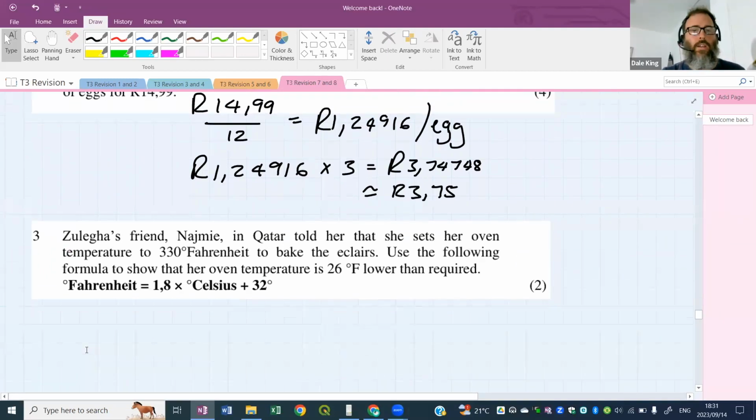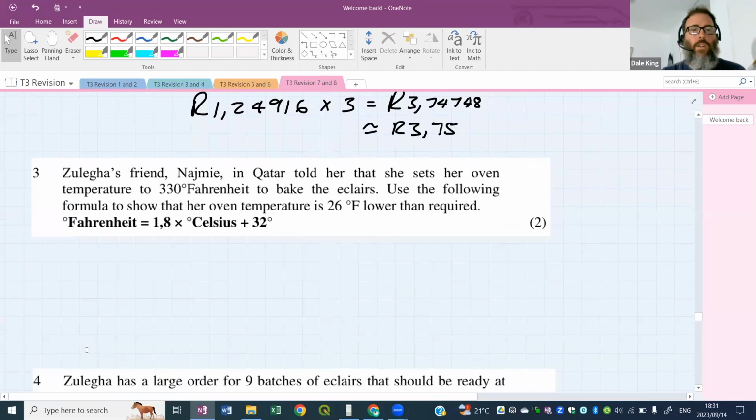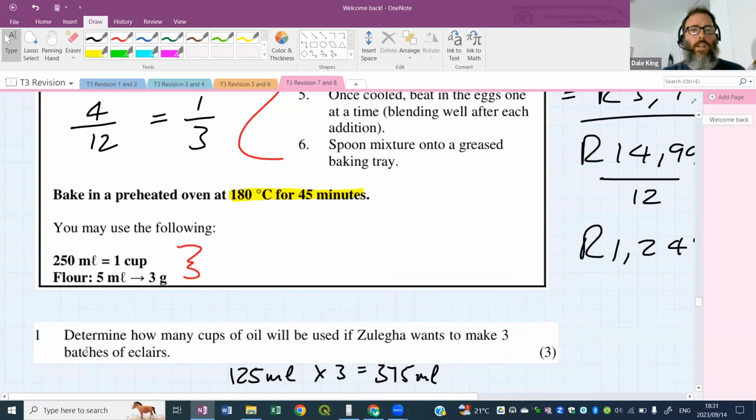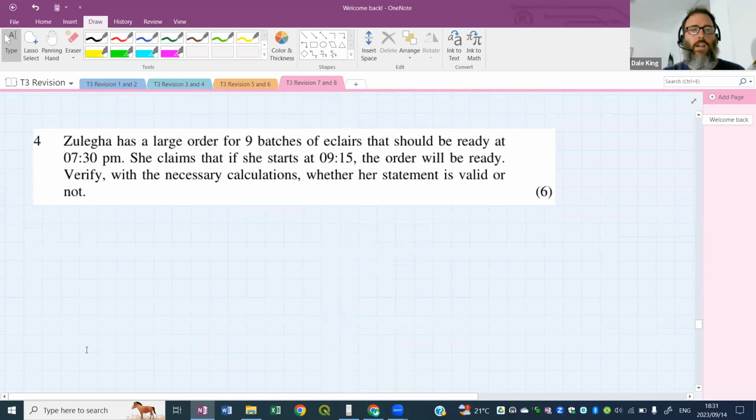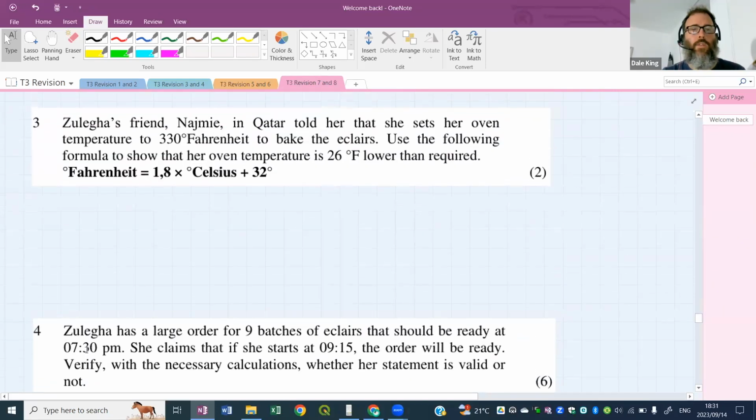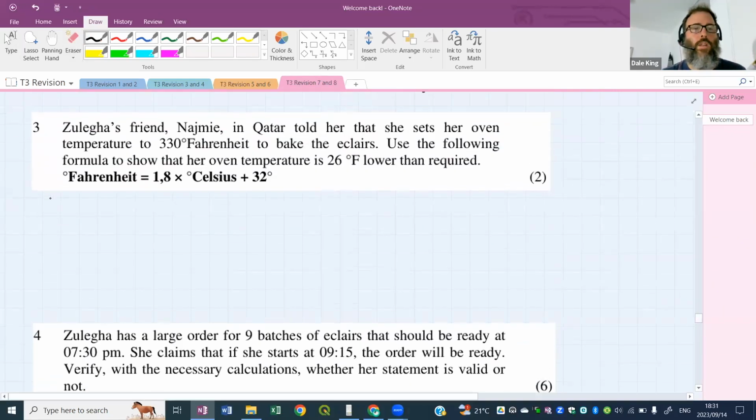All right. So how many degrees does our recipe need to cook at? 180. All right, so let me write it down here. Our recipe needs to cook at 180 degrees Celsius. Najmi is in Qatar and they use Fahrenheit, and she's using 330 degrees Fahrenheit. So I'm going to write that on the right-hand side here.